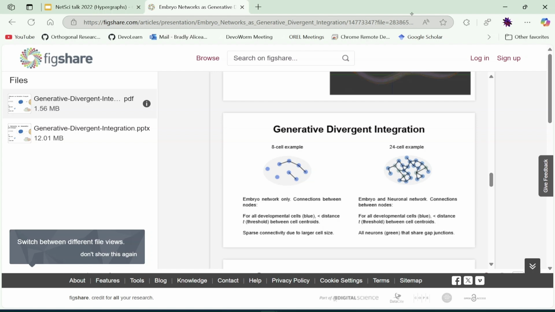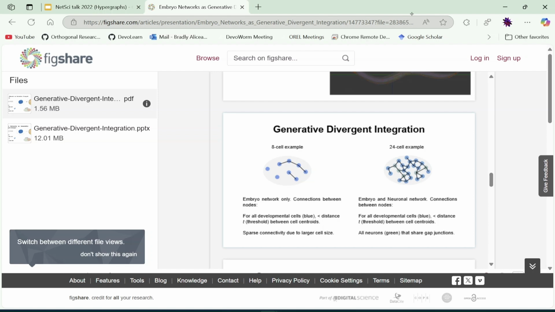And so this 8-cell example shows something that isn't functionally divergent. There are these discontinuous pieces, cells that are connected, or discontinuous subgraphs. I wouldn't even call it a subgraph, but basically that doesn't mean anything because it's not functional and it isn't really very highly structured. In the 24-cell example, you start to get a high level of structure, a high degree of centrality.